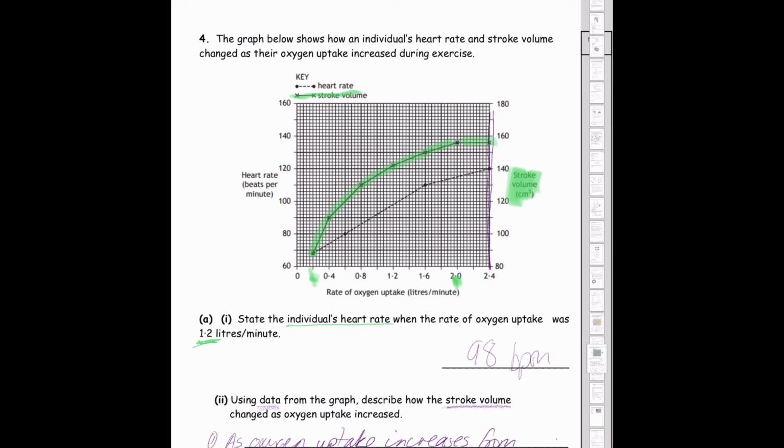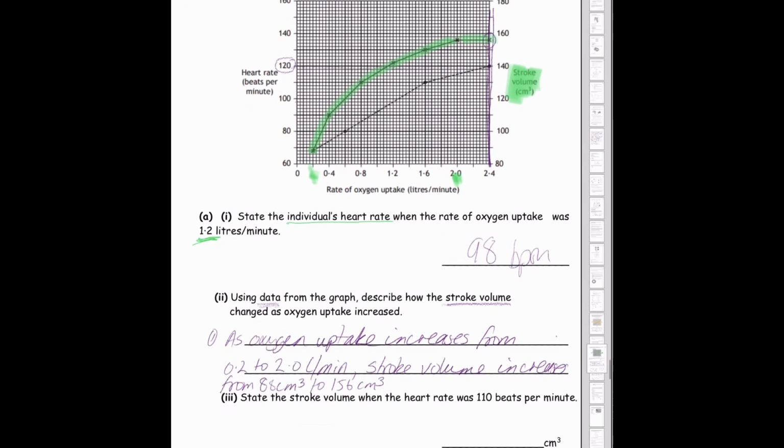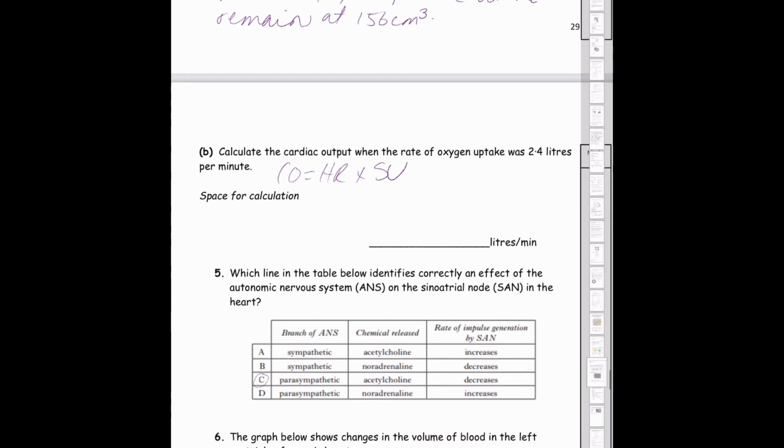So heart rate is the dotted line. If we read across from the point there to here, we're at 120. Okay, stroke volume is at 156. So heart rate is 120, stroke volume is 156.